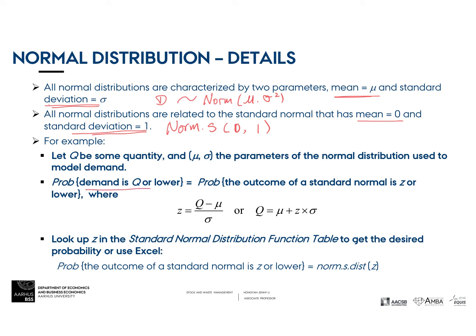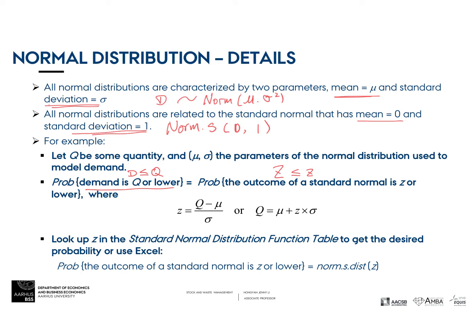If we transform this, your demand being less than or equal to Q equals the probability that a standard normal, capital Z, is less than or equal to a small z. So we need to transform the normal demand distribution into a standard normal distribution.